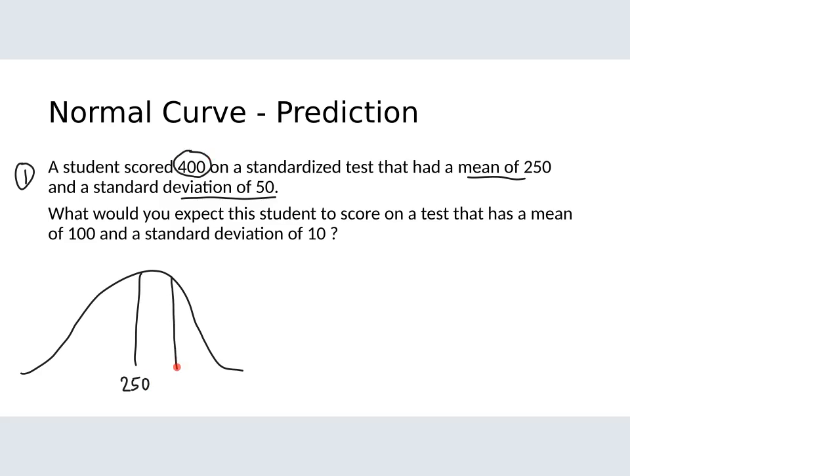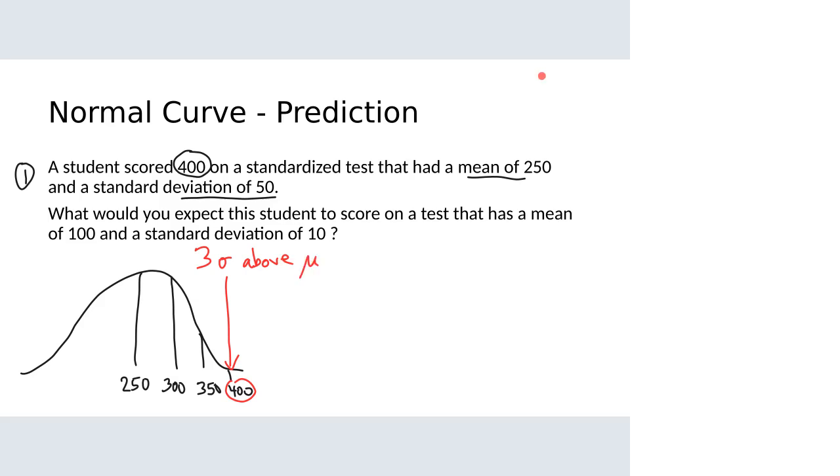So if we draw this out, that'd be 300, 350, and then 400. And that student's score was here at 400, which is right here, and that's 1, 2, 3 standard deviations above the mean. So on this test, they scored 3 standard deviations above the mean.